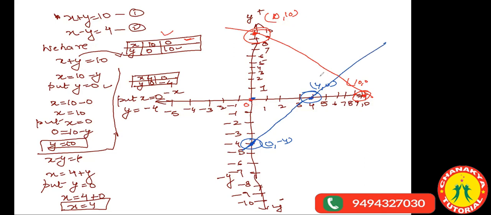Clear? So now just check their intersecting point. This is their intersecting point. Draw a perpendicular line on the x-axis and on the y-axis too.